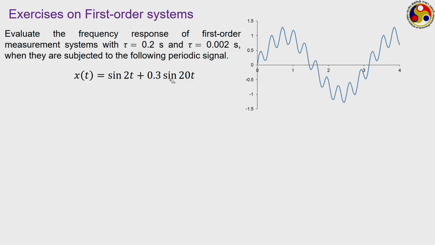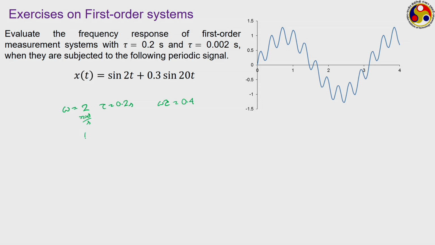If we pick up the first one, for the first signal omega equal to 2, tau equal to 0.2 second. So your omega tau product is 0.4. Omega also has a unit, generally radian per second or second inverse, so omega tau is unitless.